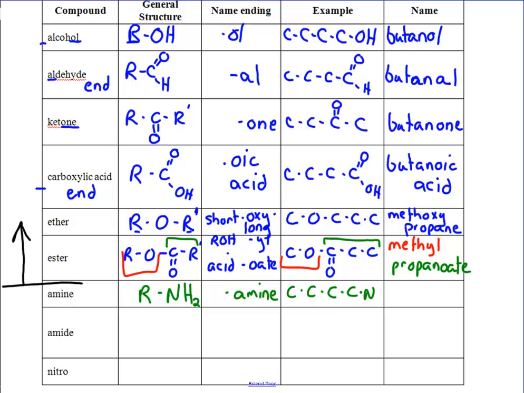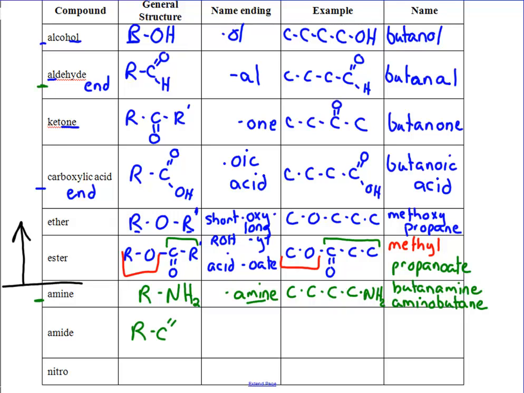So 4 carbons, and the NH2 group, the amine group, stuck on. So I can call this butanamine. Another way that you can name it, and sometimes it's easier to say or easier to think about, is we put the functional group name first as a prefix, and so I can call this aminobutane. Both are correct accepted ways to name it. An amide is actually a combination of an aldehyde and an amine.